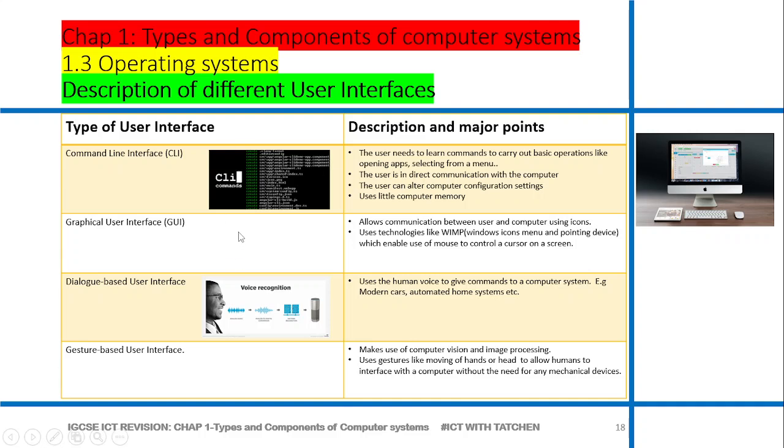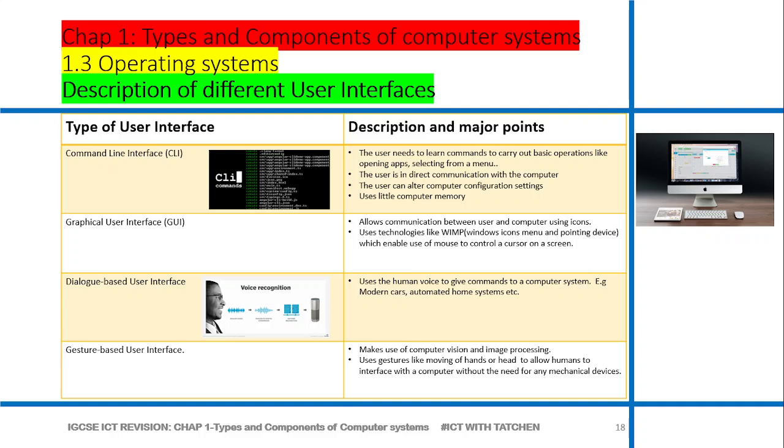Then there is the dialogue-based user interface. It's like your Google Assistant, Siri, and those kinds of things. You speak and give commands, and the system does something for you.